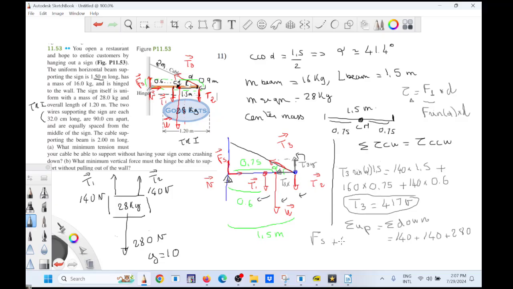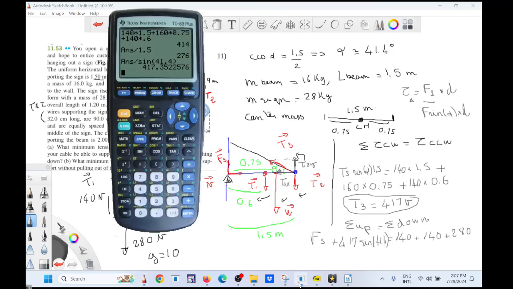So this is 417 times sine 41.4. Now we can say that it's 140 times 2, plus 280, minus 417 sine 41.4. I'm not sure.